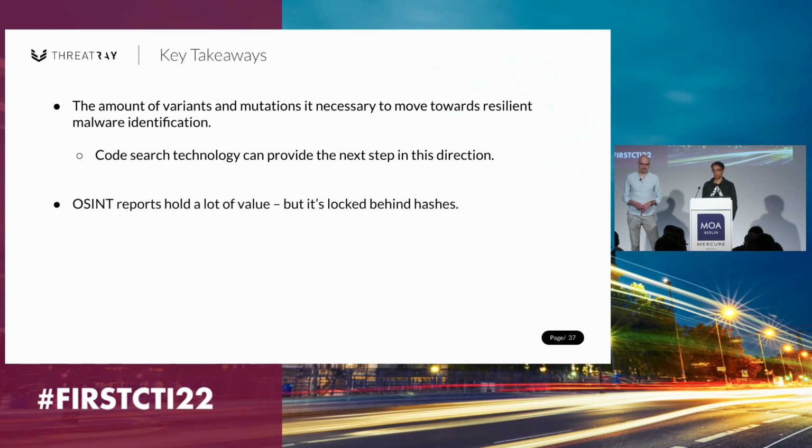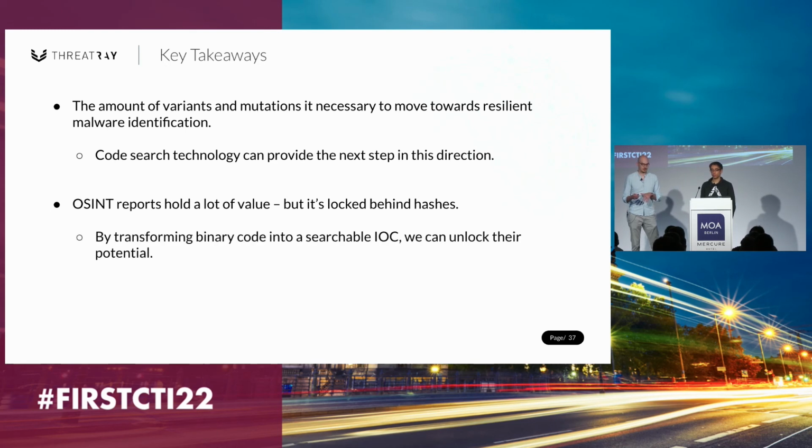Then, on top of that, we've seen that these OSINT reports are quite valuable, but a lot of its value is kind of locked behind hashes, which are not very suitable to use. And also here, we essentially showed that we can transform these hashes into searchable IOCs. And the idea behind that is to unlock more potential behind the reports.